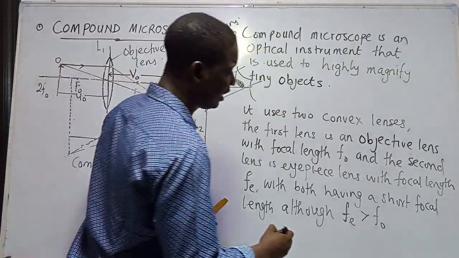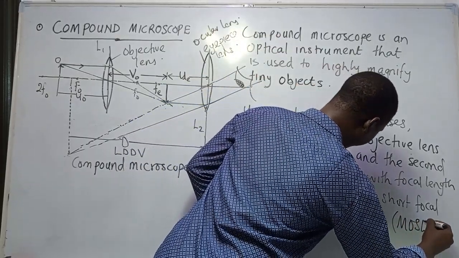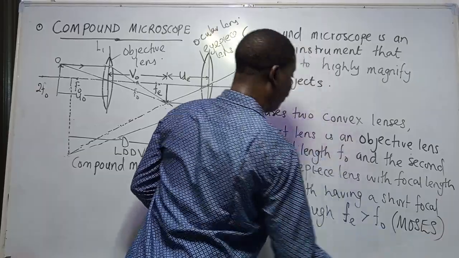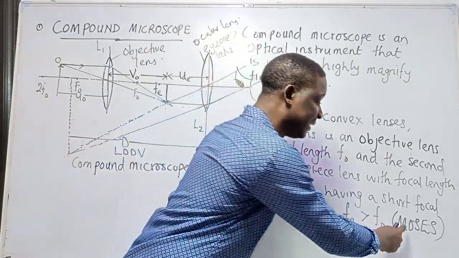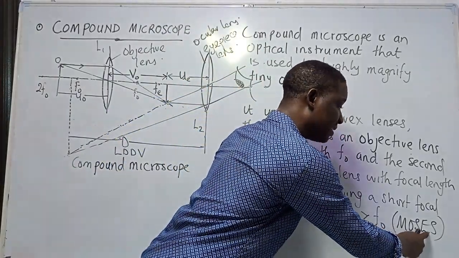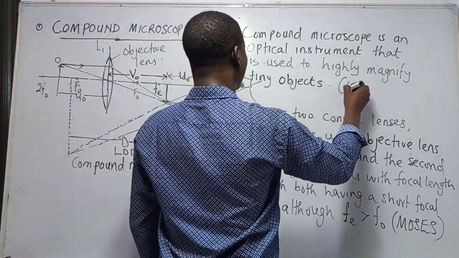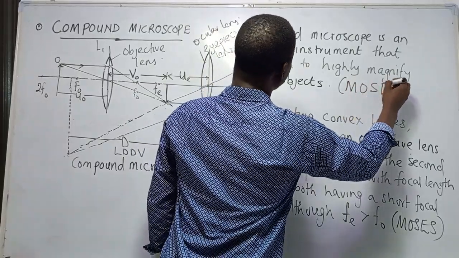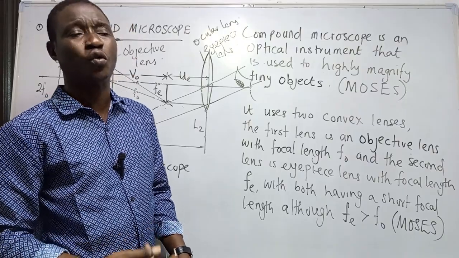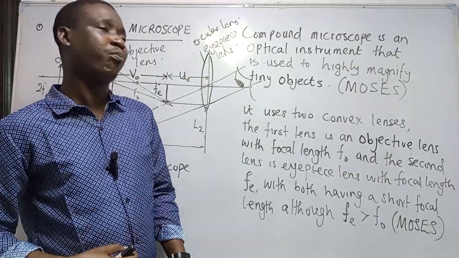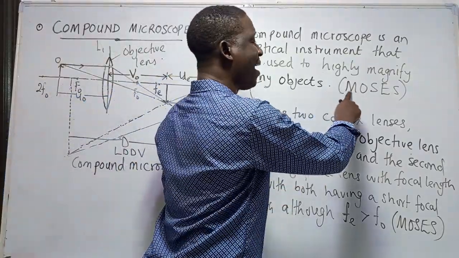You can actually use an acronym: Moses. What does Moses mean? It means microscope objective lens is shorter, eyepiece lens is shorter. Moses is a shortcut to remember that.